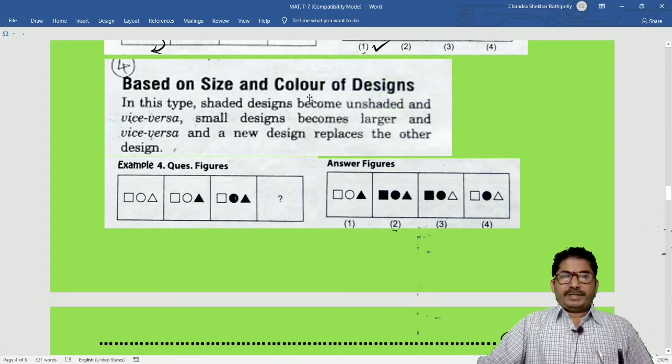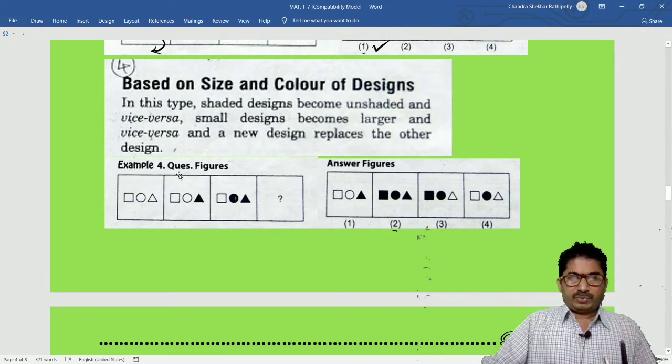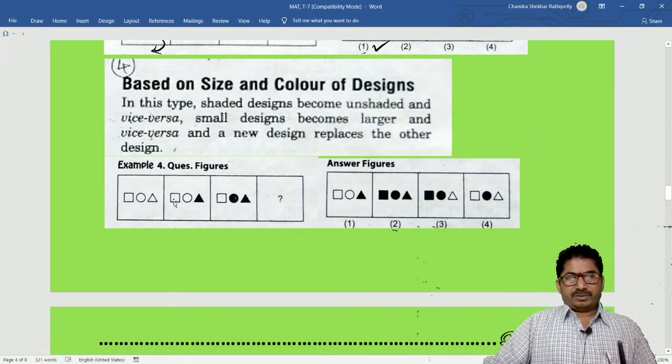Changing the figure based on size and color of designs. In this type, shaded designs become unshaded and vice versa. Small designs become larger and vice versa. And a new design replaces the other design. Example for question figures: square, circle, triangle, square, circle, triangle, square, circle, triangle.